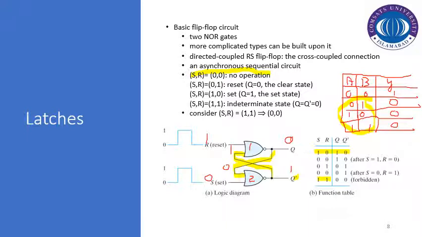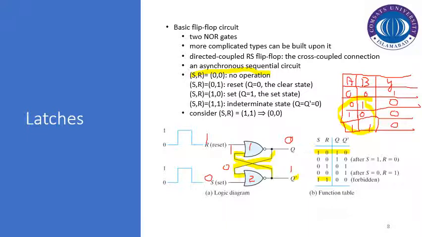Now in this particular case, the latch is set to be in the reset state because Q is equal to 0. Now after this combination, if we apply 0 0 again, the output of the latch is not affected, or we can say that it remains on the previous level, as we have seen when the latch was in the set state. So there is no change in the output. The latch will remain in that reset state.